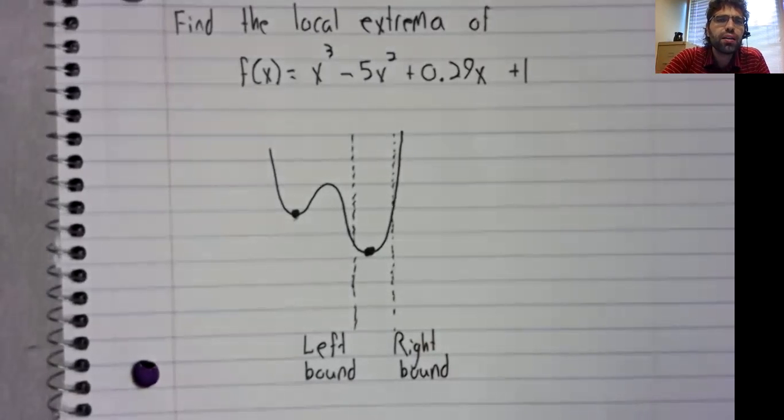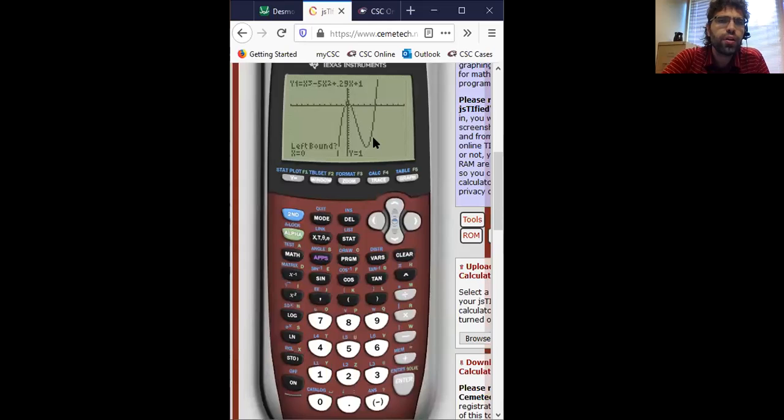So back to our calculator. We're looking for this minimum, so we want to select a point to its left, and we want to select a point to its right.